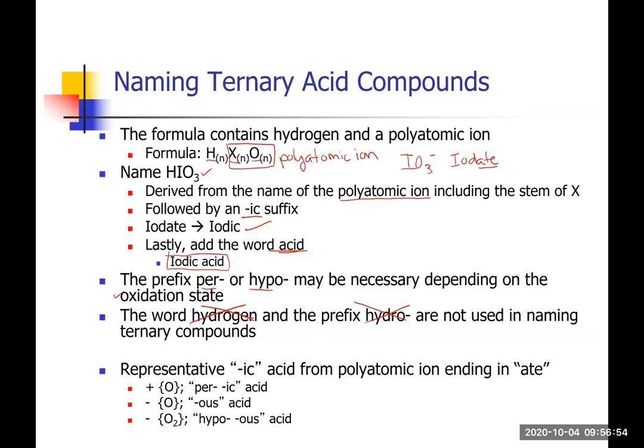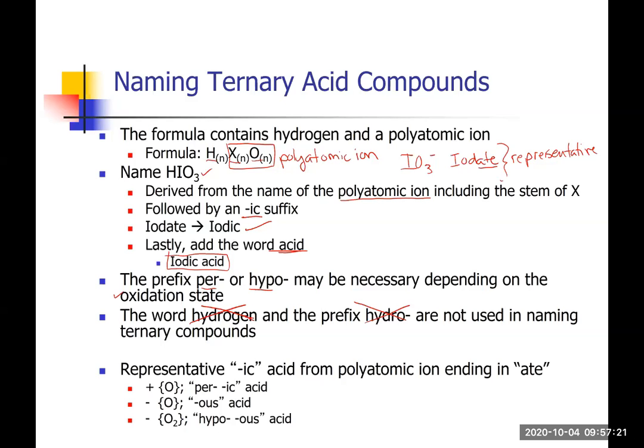When we have -ate, this is considered to be the representative. We start with the representative, and then we make a determination about whether we're adding oxygens or taking oxygens away from the chemical formula. And that helps us name the ternary oxyacid.